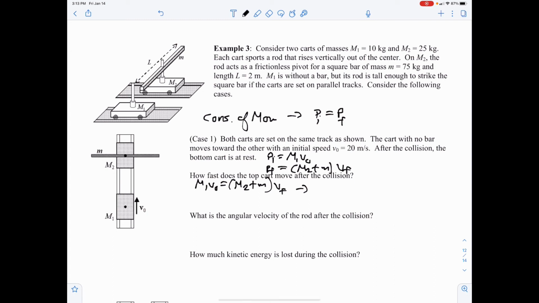Solve for v final, and it's m1 v naught over m2 plus m, which would be 10 kilograms times 20 meters per second over 25 kilograms plus little m, which is 75 kilograms. Okay, that would be 200 over 100, which would be 2 meters per second.